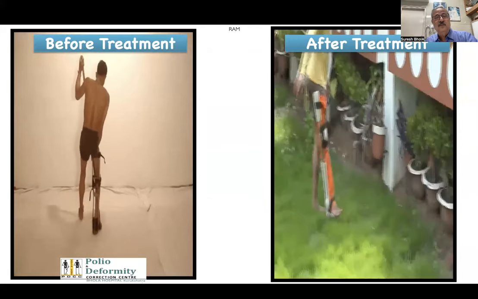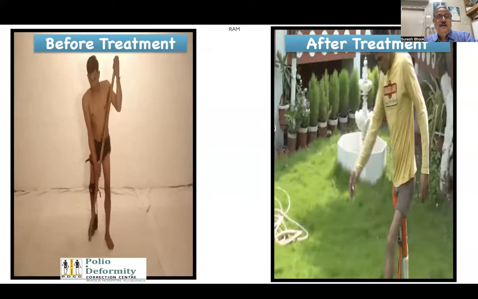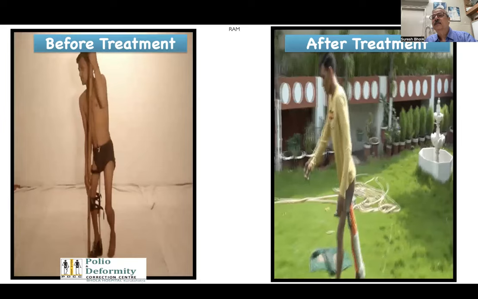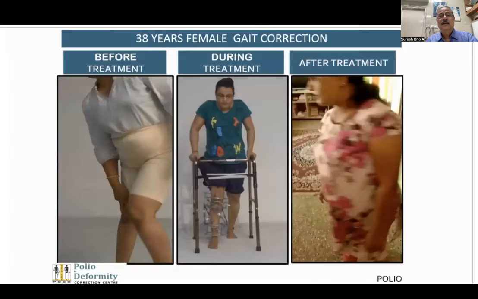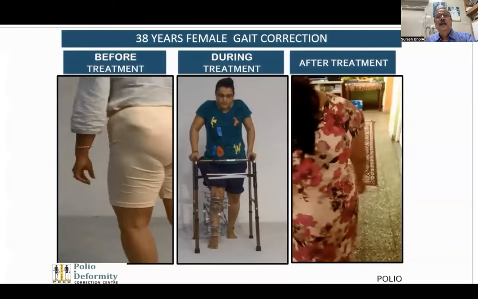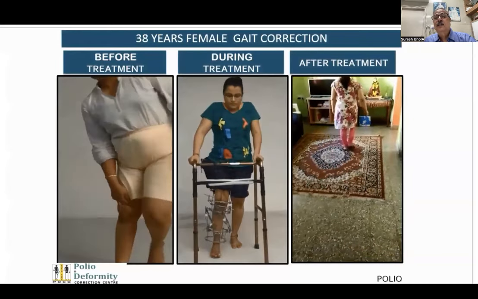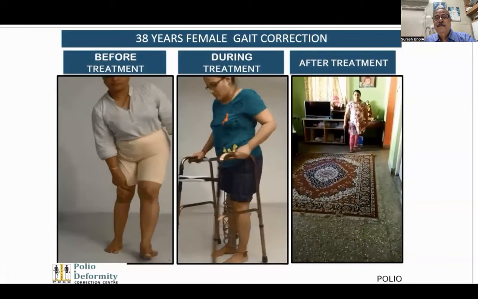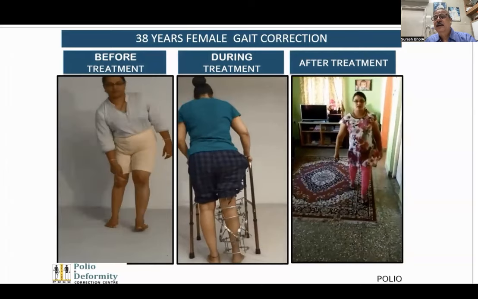One thing I would like to share with you in this, there is caliper with deformities and calipers without deformities. There's a big change. And again, age is not a big bar. 38 years, treated about 10 years back with the help of Ilizarov and hexapod.